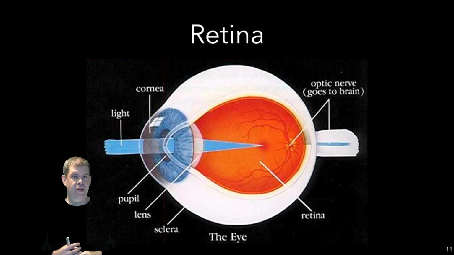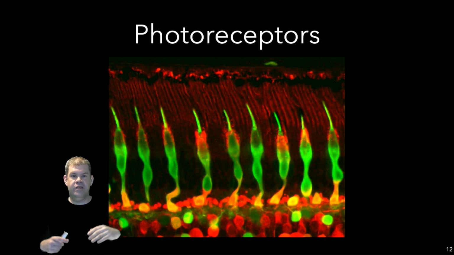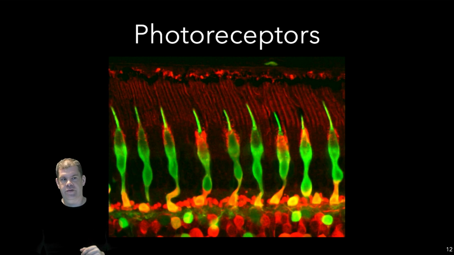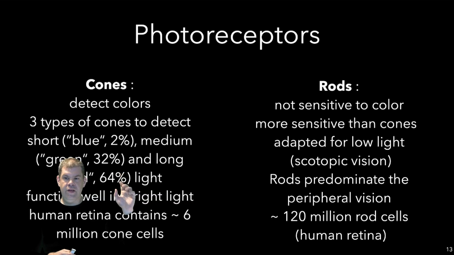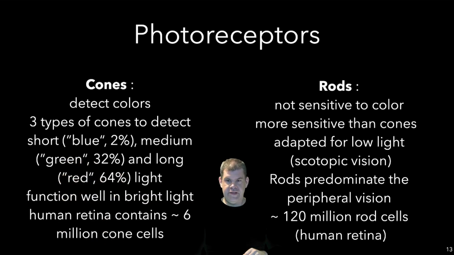Then you get your image on the retina. And that retina is made up of a bunch of photoreceptors, basically cones and rods. Here is some stained tissue, so you can actually nicely see the cones. To keep things simple, again, more detail on that in computer graphics, we have three different cone types and just one rod type.